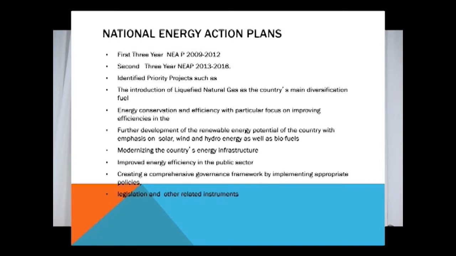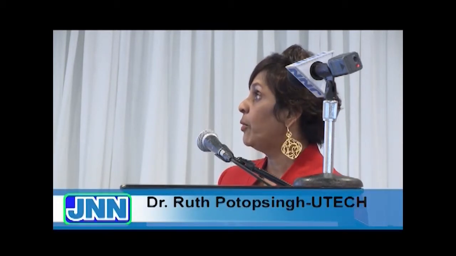So they had priority projects. Now, as Minister Wheatley said this morning, they are now doing a monitoring program in which you'll be able to see how much they have achieved. But in fact, they have achieved quite a bit, because from that list you'd have seen we have LNG, you have a number of energy efficiency projects, we have had a substantial increase in our renewable uptake.